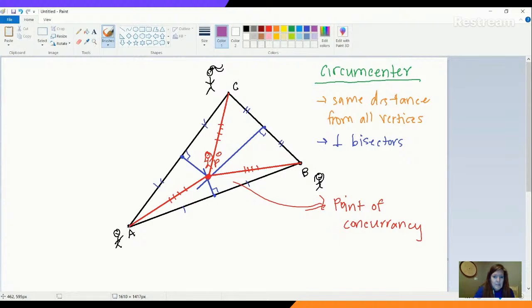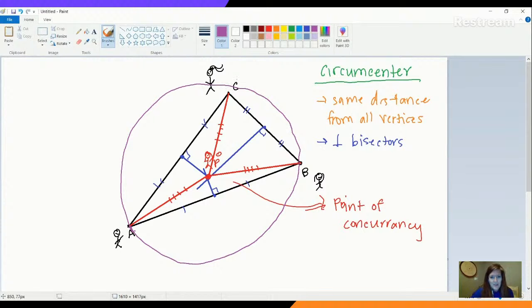So if I do a good job here and I draw a circle that goes through all of my vertices, pretty close. Let's just pretend Kathy's on that circle there. Not my best circle, but you get the idea.